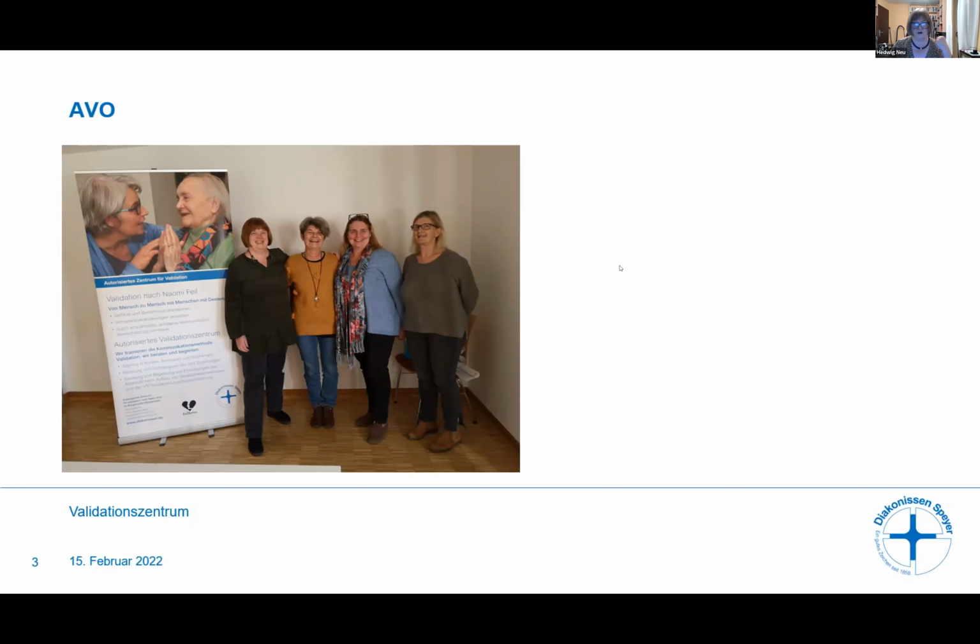Organization of support of 10 senior centers and 1 hospital in the implementation of the validation concept for the everyday life of the facility. 8 of the mentioned senior centers and the geriatric department of a hospital of the Diakonissen Speyer have acquired a so-called VTI validation quality certificate, what a word, and are checked in a continuous process regarding their validation quality.